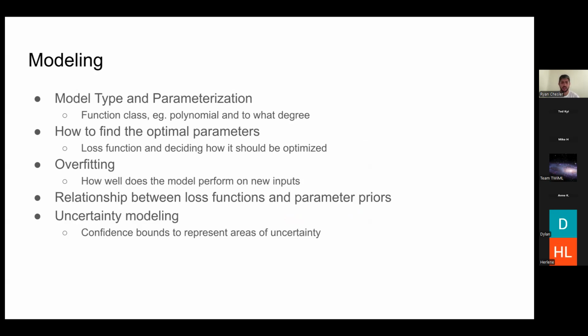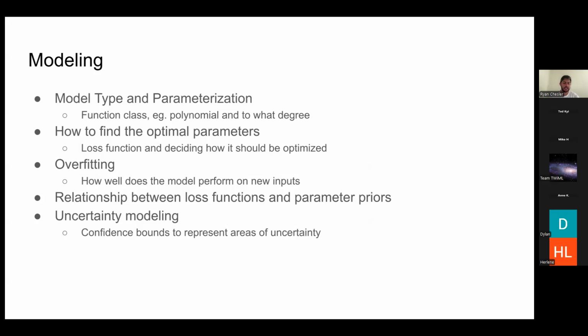Once we've defined the shape and type of our model, we have to figure out how to find the optimal parameters to put inside of those models. Does this weight be -3 or 7 or something else? There are different processes for how we measure how good a parameter is, and also a choice of how we actually optimize those.